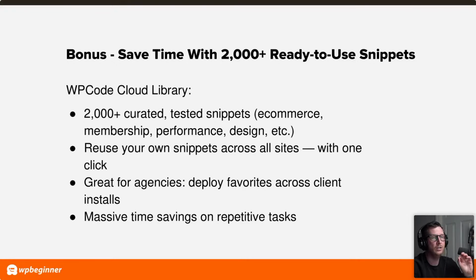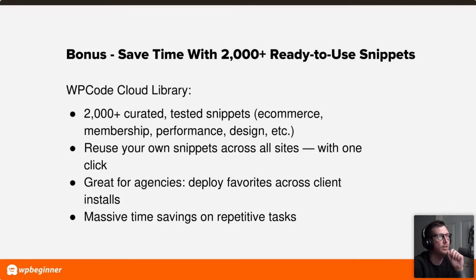Now I will paste in the snippet library so that you can view it. Just grabbing it now. So with the cloud library, 2,000 curated, tested snippets, a lot of plugin teams have contributed to this as well.